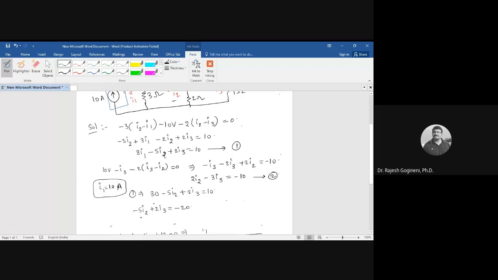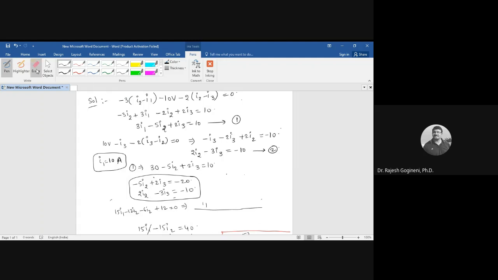And the second equation is 2I2 minus 3I3 equals minus 10. So solve these two equations to find the I2 and I3 values, whereas I1 is 10 amperes.